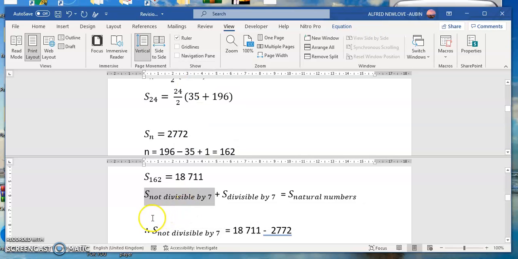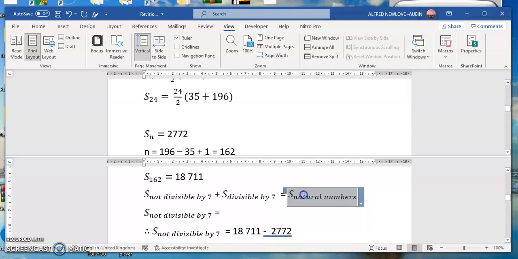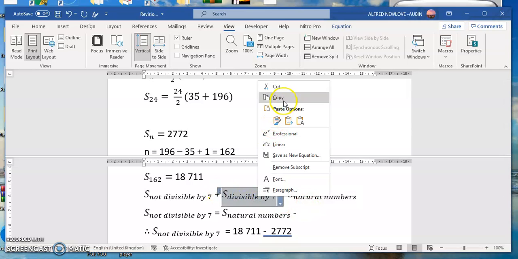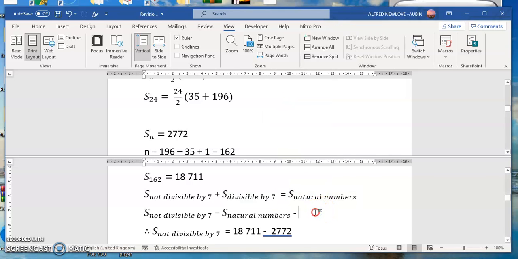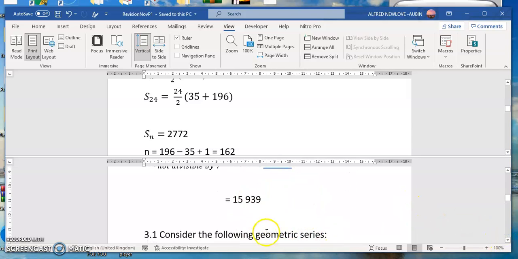Natural numbers that are not divisible by 7 will be equal to the sum of all natural numbers minus the sum of natural numbers that are divisible by 7. So when you substitute, you are going to get this value.